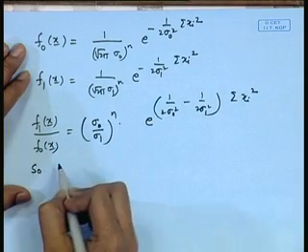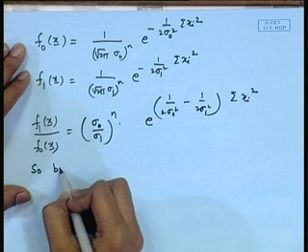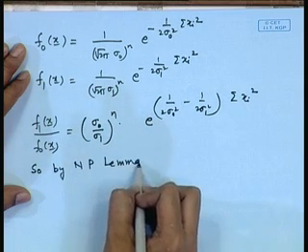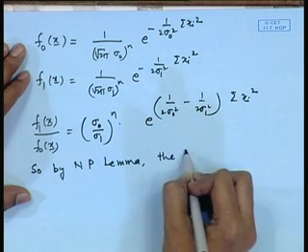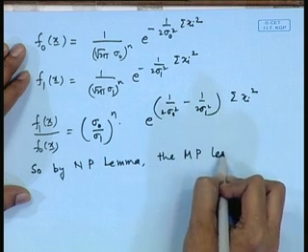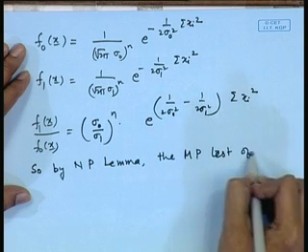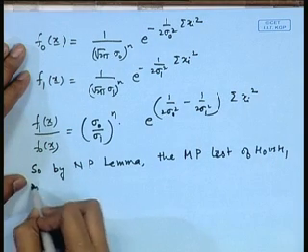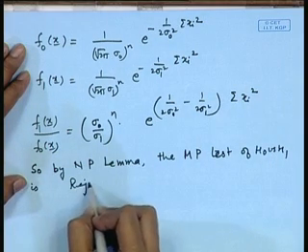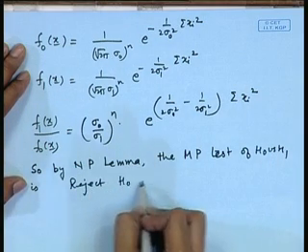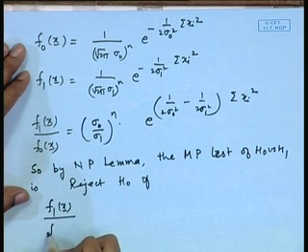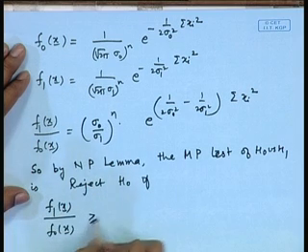So, by Neyman Pearson lemma, the most powerful test of H naught versus H1 is to reject H naught if f1(x) by f naught(x) is greater than or equal to k.